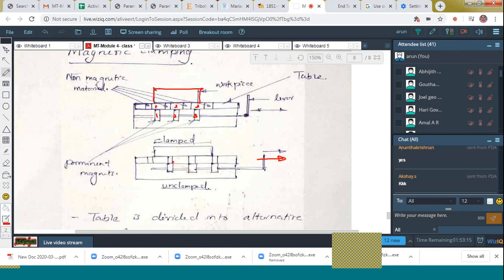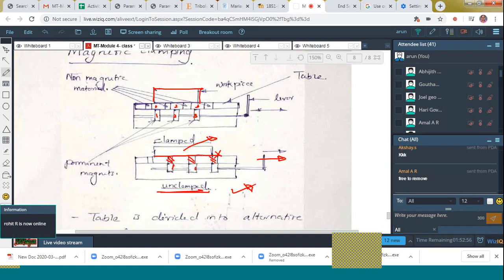These are non-magnetic materials. Now the permanent magnet is in contact with the non-magnetic materials. What happens to the surface? This is a non-magnet, so what happens to the workpiece? Yes, it gets unclamped. So this is how the magnetic clamps work. Clear?